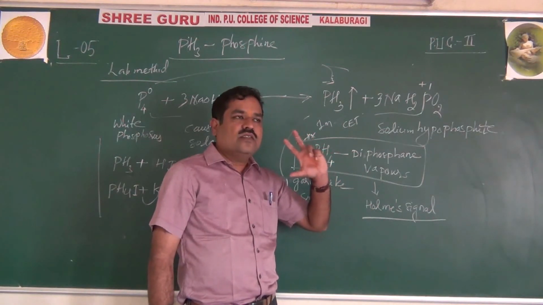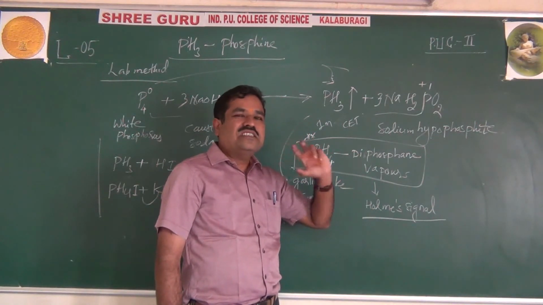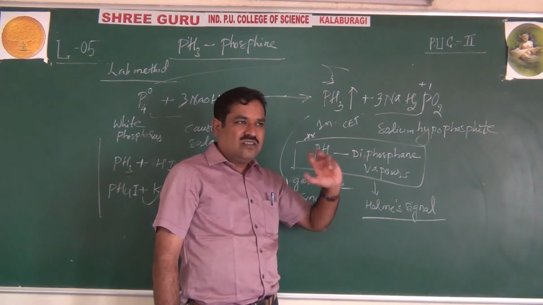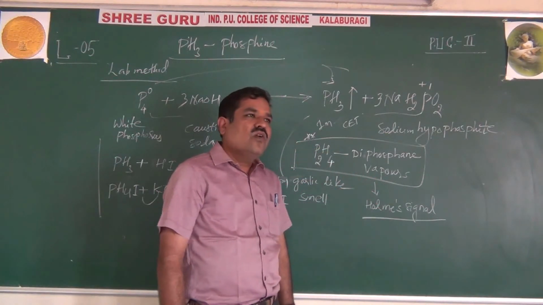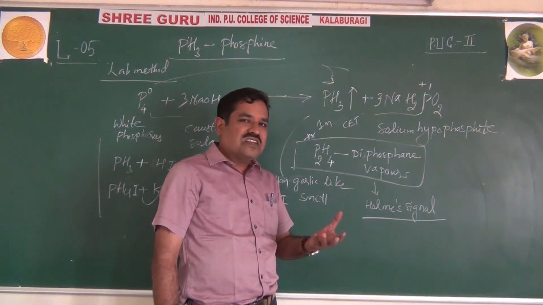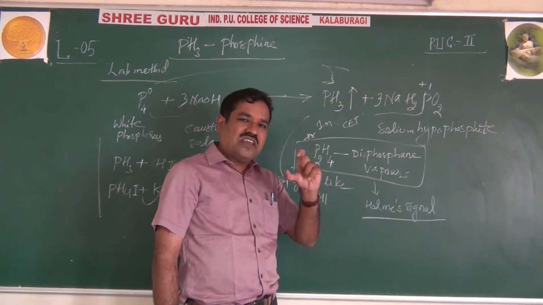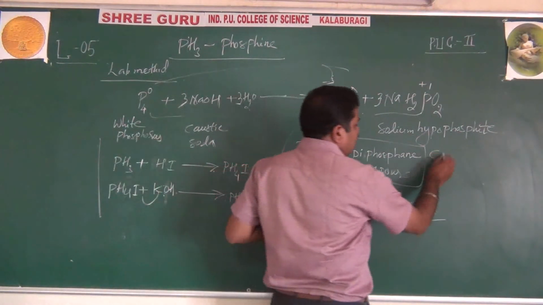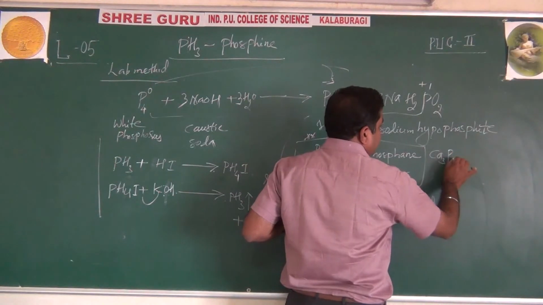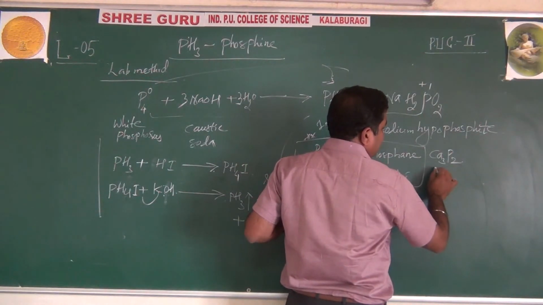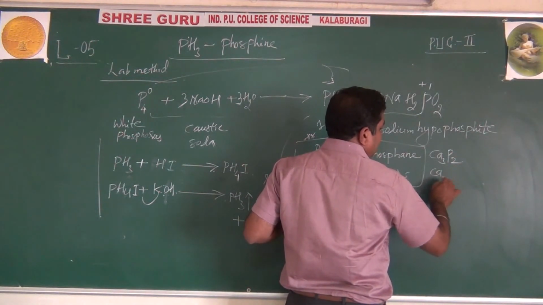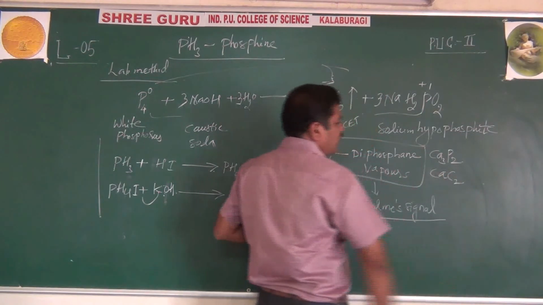These soldiers carry tins, like cold drinks tins, containing calcium phosphide, Ca3P2, and calcium carbide, CaC2.